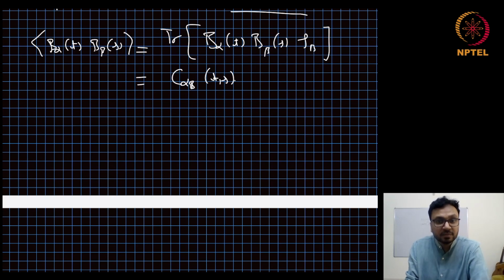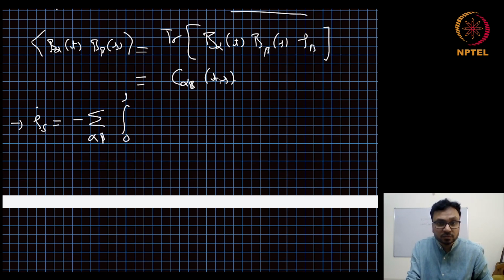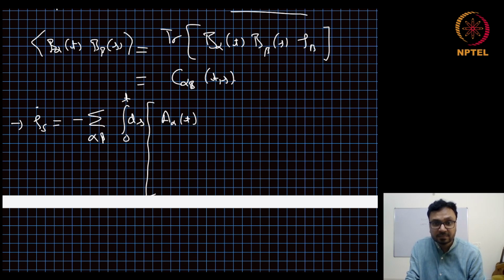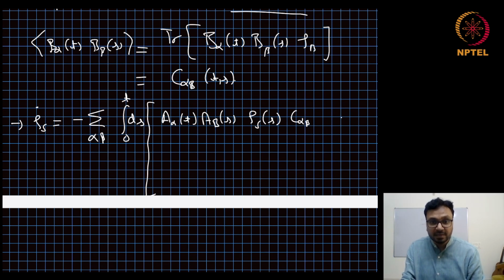So using this, we can write the dynamical equation: rho s dot equals minus the sum over alpha beta, integration 0 to t ds. There will be 4 terms here. Those will be A alpha at t, A beta at s, rho s at s times C alpha beta, and I'm just suppressing t and s here. The next term will be A beta of s, rho s at s, and A alpha at t, C alpha beta.